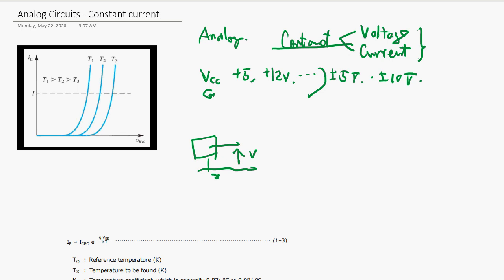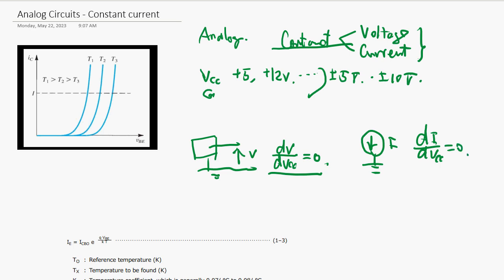This voltage dV/dVCC is 0. That's what constant voltage means. You also have a constant current source, and its dI/dVCC is also 0. So even with power voltage variation, the current or voltage cannot change.